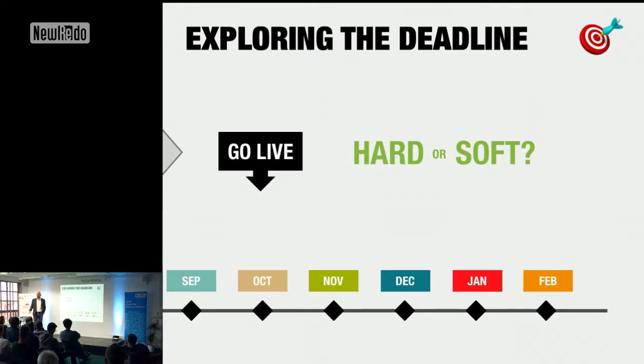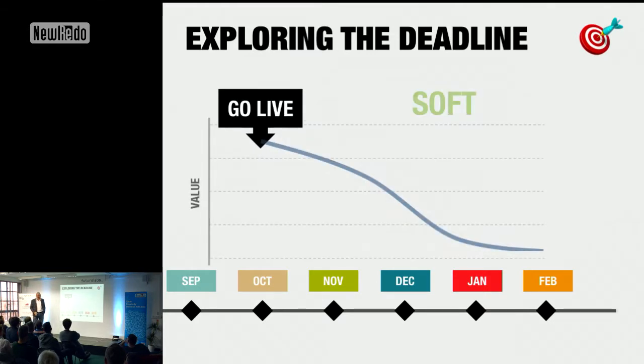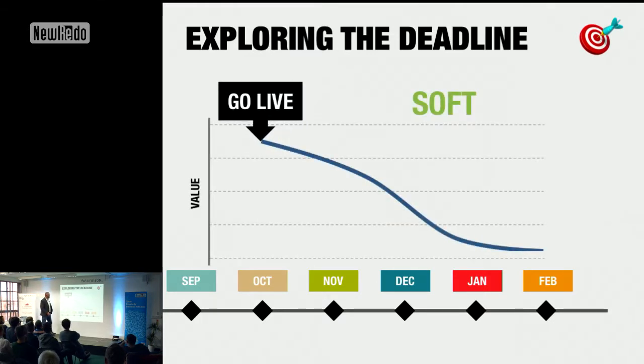Does anyone know the difference between a hard and a soft deadline? Okay, a soft deadline looks something like this. For every week or every month that we go past the deadline, there's some impact to the overall business case or the reason for doing this. Quite often it's articulated in terms of value.